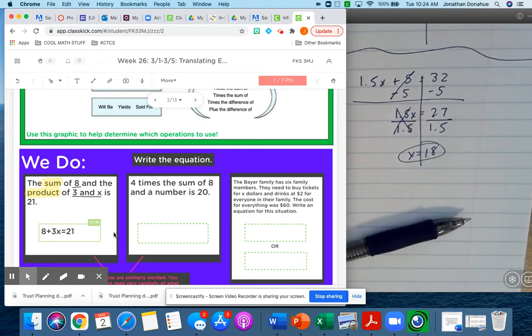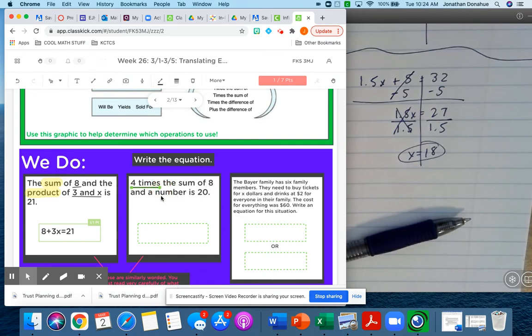The second one is very similarly worded, but different. Let's read this. It's 4 times the sum of 8 and a number. So we need to do 4 times the sum of those 2 things.